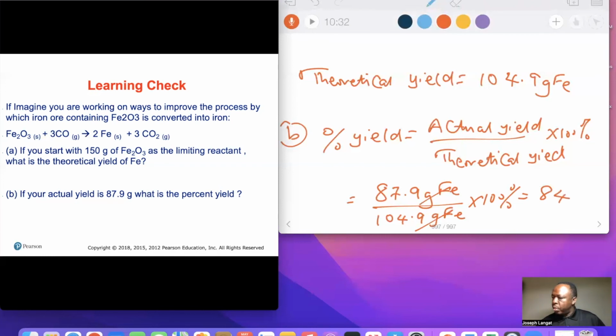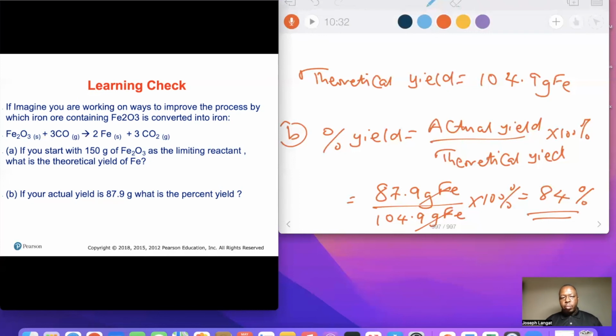I'll use 84 percent, 84%. Why I'm doing 84 is because of two significant figures here. Sometimes you may see 83.8. So it's around 84% from the theoretical yield.